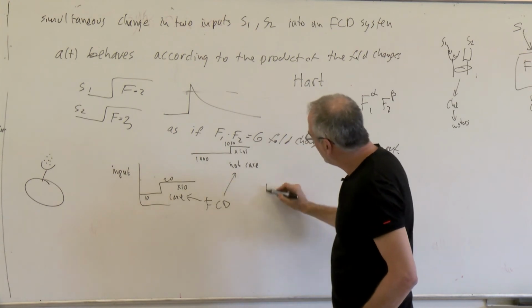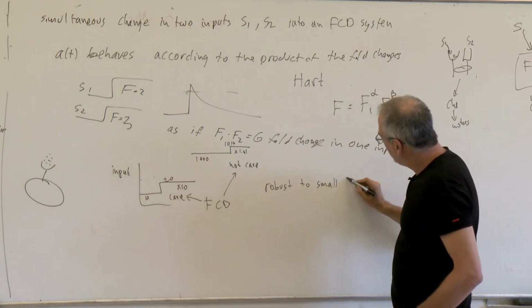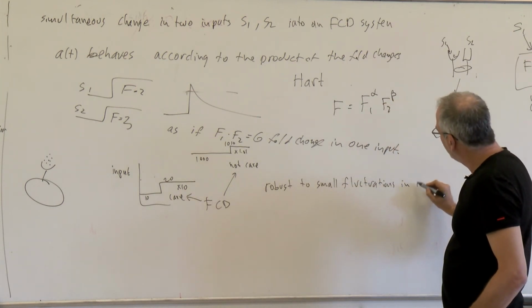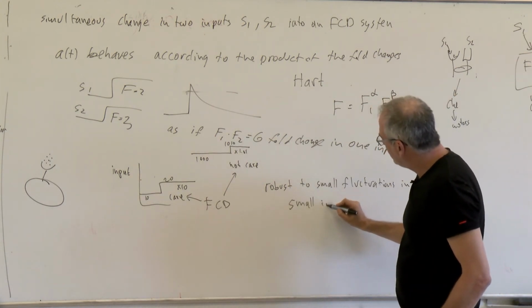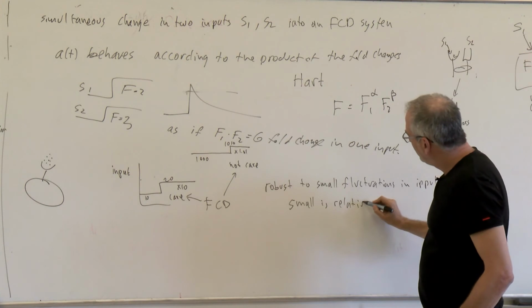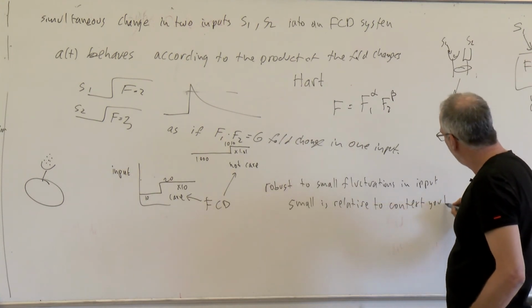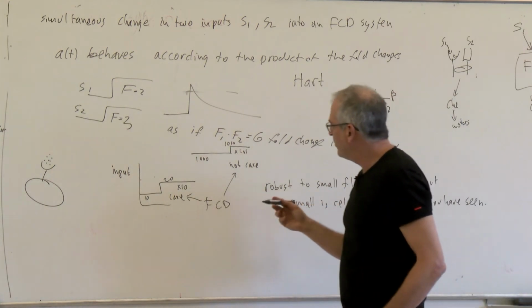And therefore, you become robust to small fluctuations in input, where small is relative to the context that you've seen. So it's a way to be robust to the fluctuations.